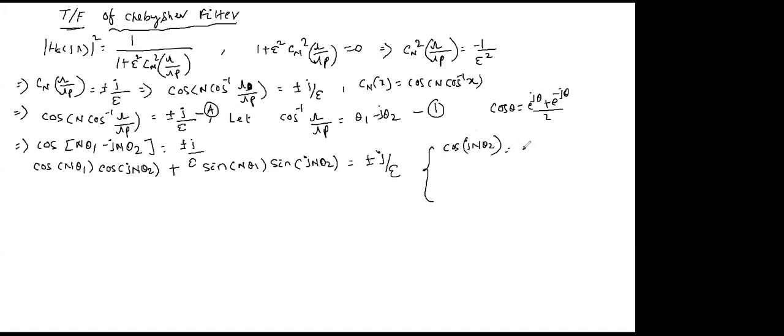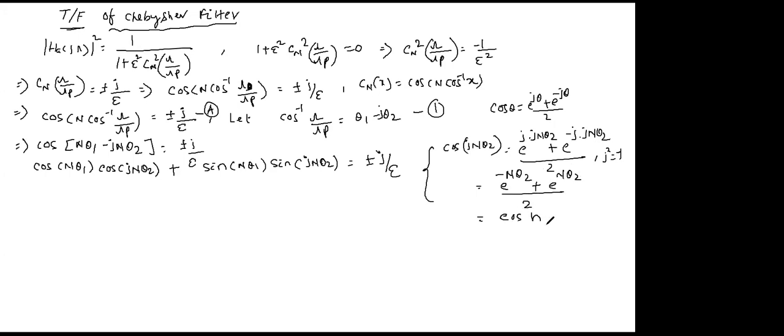Cos θ equals e to power jθ plus e to power minus jθ by 2. That equals e to power minus nθ2 plus e to power nθ2 by 2, because j square is minus 1. That is equal to cosh of nθ2.